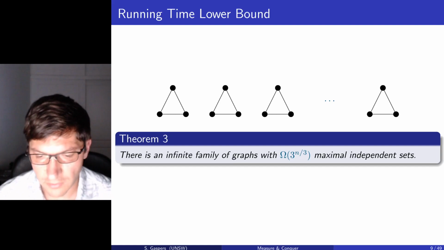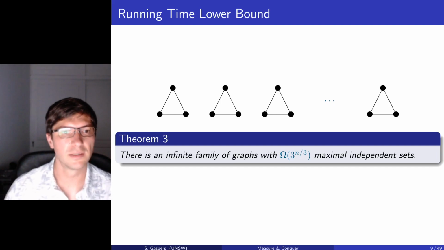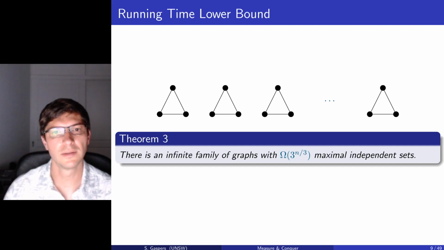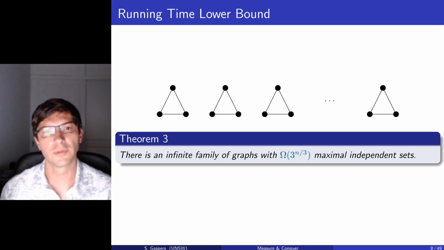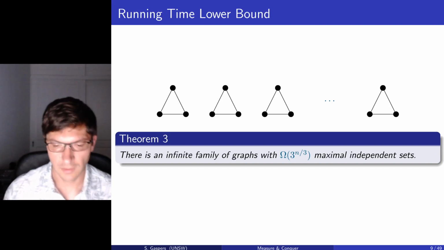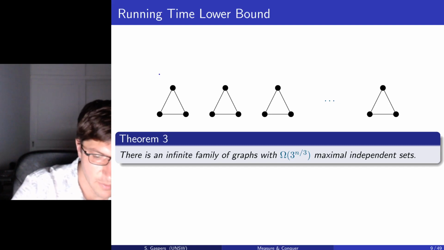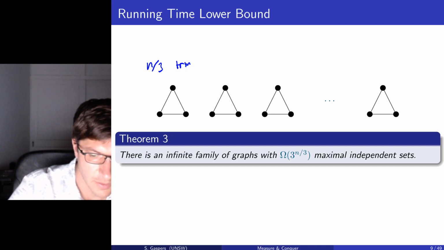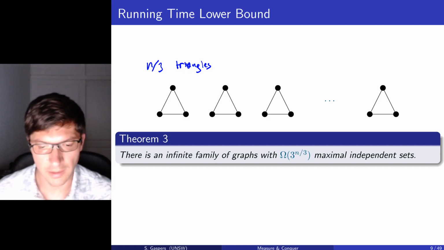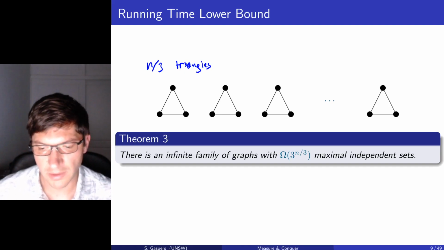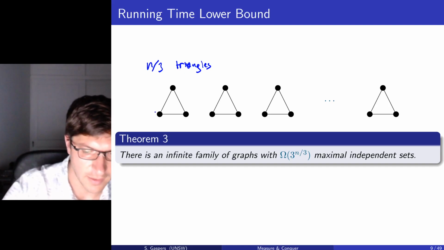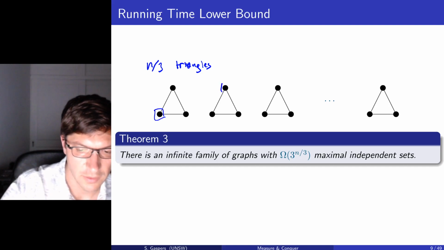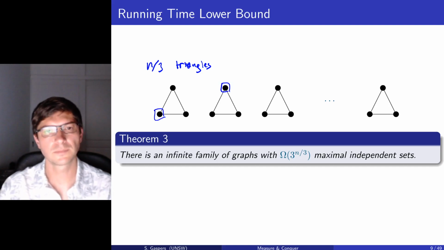And so the graphs that meet this upper bound are disjoint unions of triangles. So what do we have here? So we have n third triangles. Our maximal independent set contains exactly one vertex from each of the triangles.